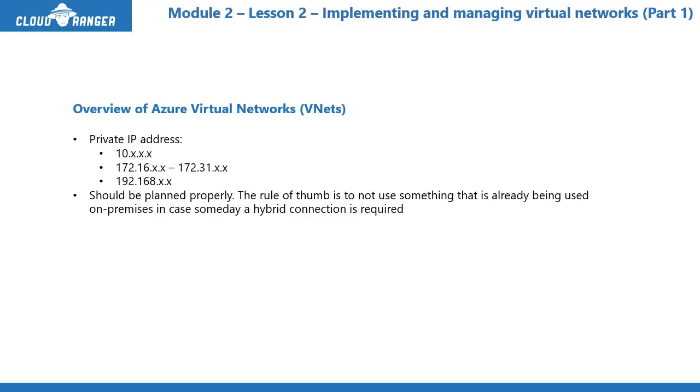So a similar thing happens in the cloud as well, in Azure. When you are planning this, you want to make sure that your on-premises network does not have those IP addresses. The rule of thumb is do not use something that is already being used on premises, in case someday you have to have a hybrid connection. Certain organizations say, okay, we'll never have a hybrid presence, we'll just have a presence in the cloud.